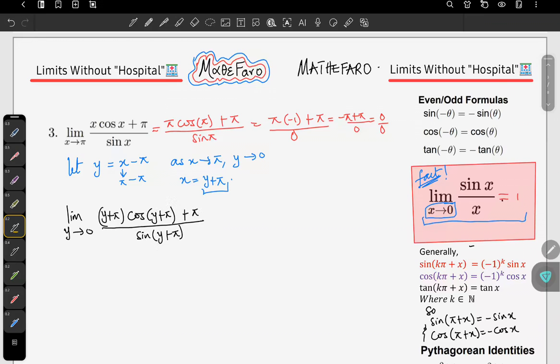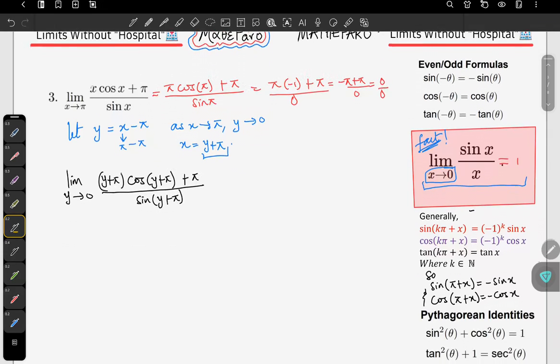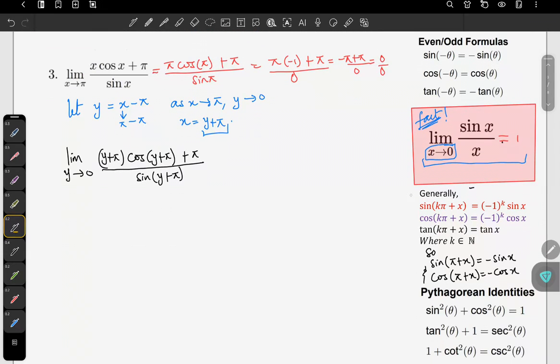Now, where do we go from here? We recall the periodic properties of the sine and cosine functions. Sine of pi plus x is equal to negative sine x, and cosine of pi plus x is equal to negative cosine of x. It doesn't matter whether it's x or y, the result remains the same. It's an identity.